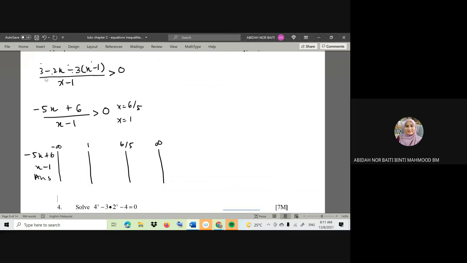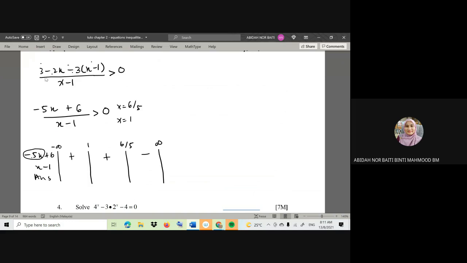Oh, this was wrong just now, it should be plus 6. Here the coefficient of x is negative, therefore from 6/5 to the right is negative, and from 6/5 to the left is positive.